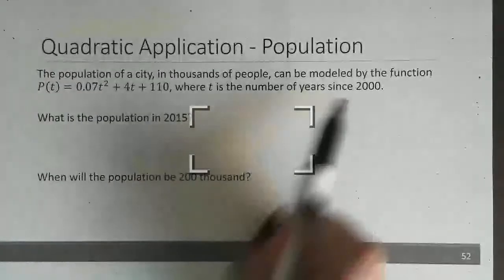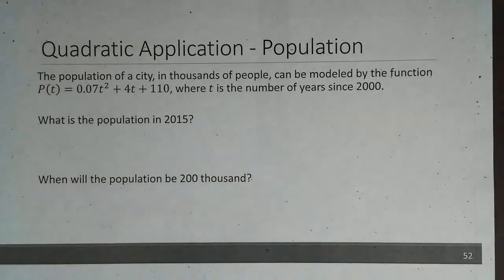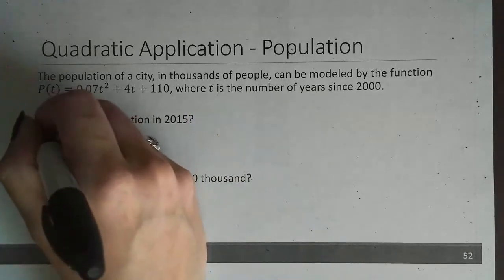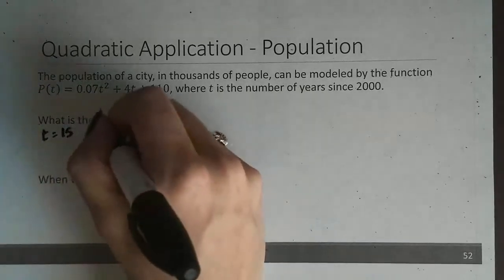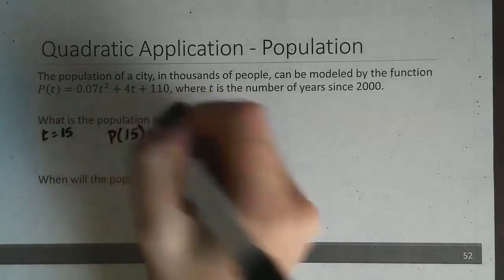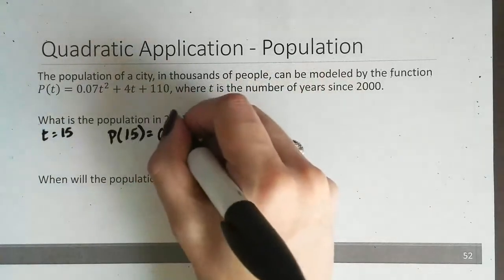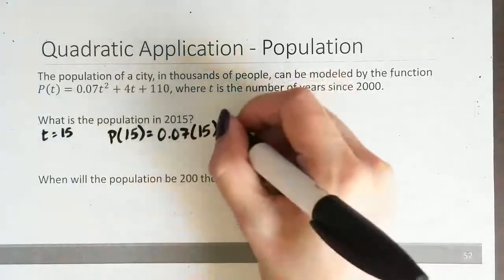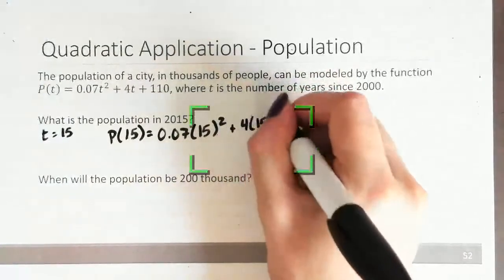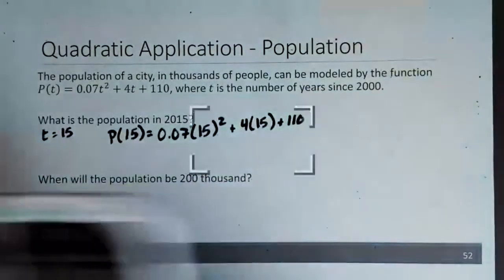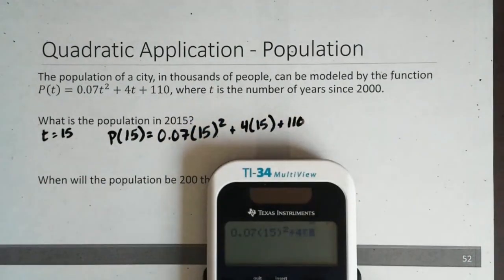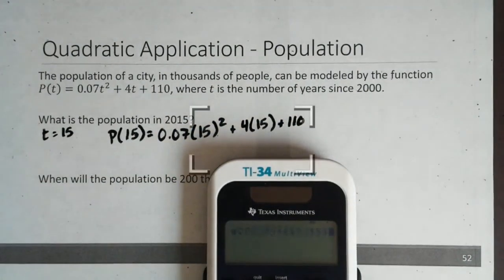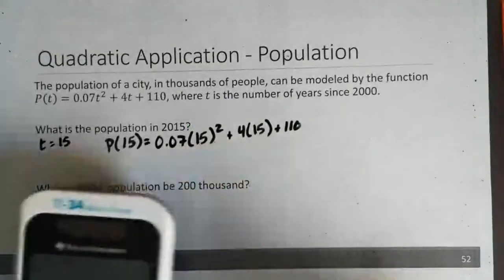Well, t represents the number of years since 2000. So if we're looking for the population in 2015, we're going to be plugging in t equals 15. So if I plug that in, we'll have P of 15 is equal to 0.07 times 15 squared plus 4 times 15 plus 110. So that equals 185.75.